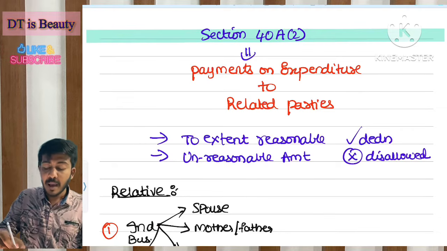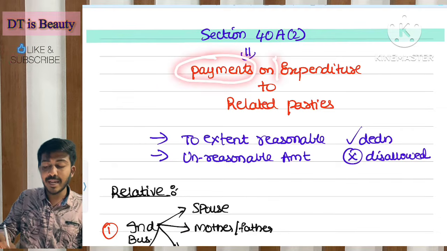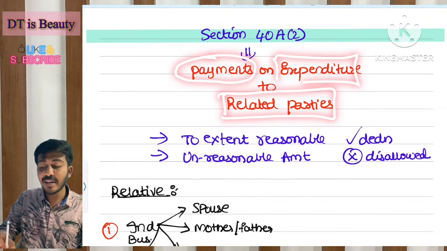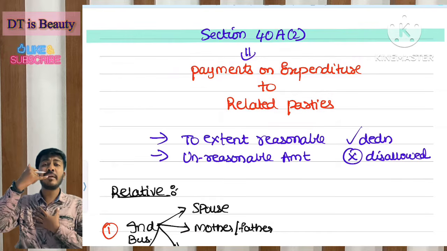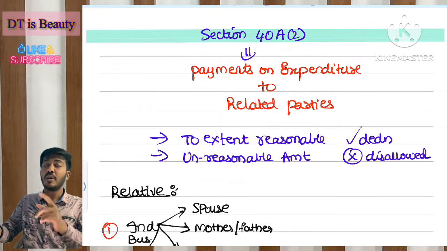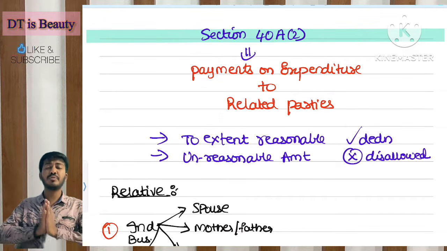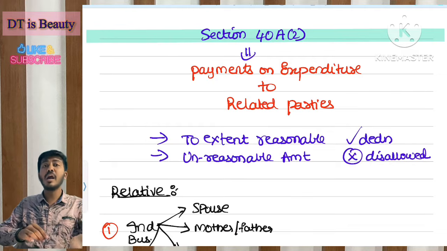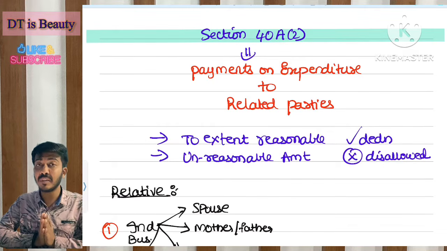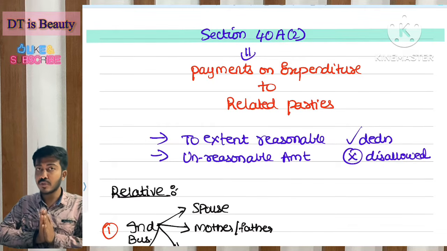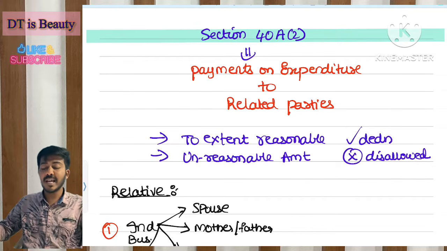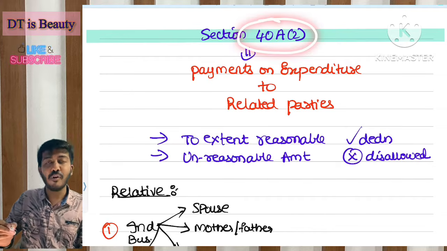40A(2) is nothing but payments you are making on any expenditures related to related parties. Suppose I call my mummy and say, sell me goods. You purchase goods worth 1 lakh, and you sell it for 10 lakhs to me, which means in my P&L, I am boosting my expense to something high. Correct or wrong? Which is a wrong thing, right? Therefore, the government has introduced this section, section 40A(2).